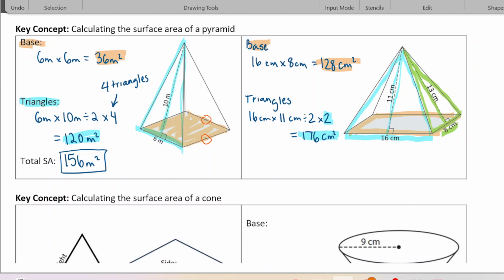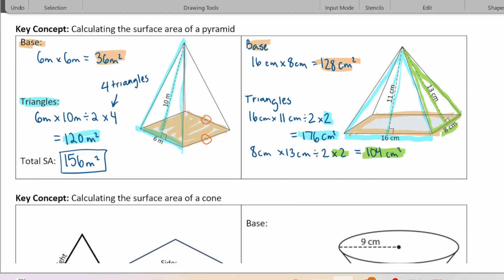Now for the 2 smaller green triangles, I'm going to have 8 centimeters times 13 centimeters divided by 2, because they're triangles, and then times 2 because there's 2 green triangles. 8 times 13 is 104 centimeters squared.